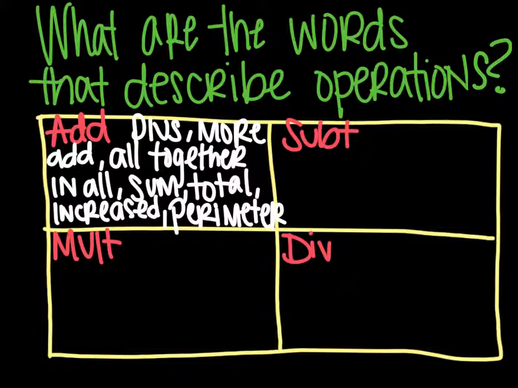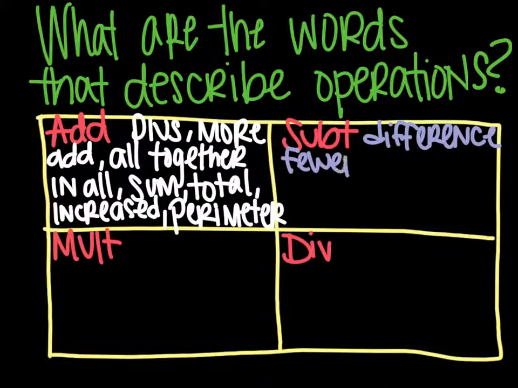For subtracting, we have some other ones that we'll use. It would be words like difference, fewer, less, and less than. Make sure you get both of those in there. I don't have as much space as you do.